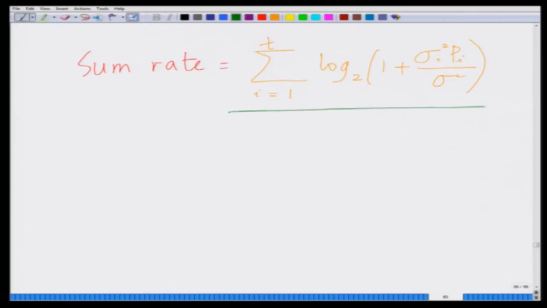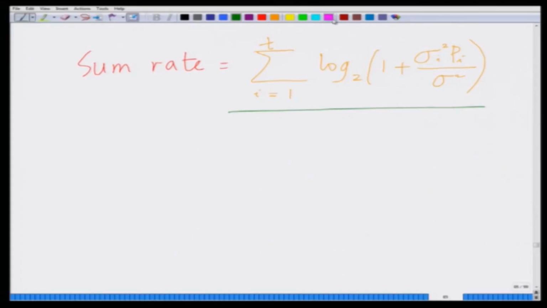So what we are saying is the following: the SNR of the ith channel is sigma i square times Pi divided by sigma square, this is SNR i. The Shannon rate of this channel is log to the base 2 of 1 plus SNR i, which is therefore log to the base 2 of 1 plus sigma i square Pi divided by sigma square. And how many such channels do we have? We have T such channels, where T is the number of transmit antennas.